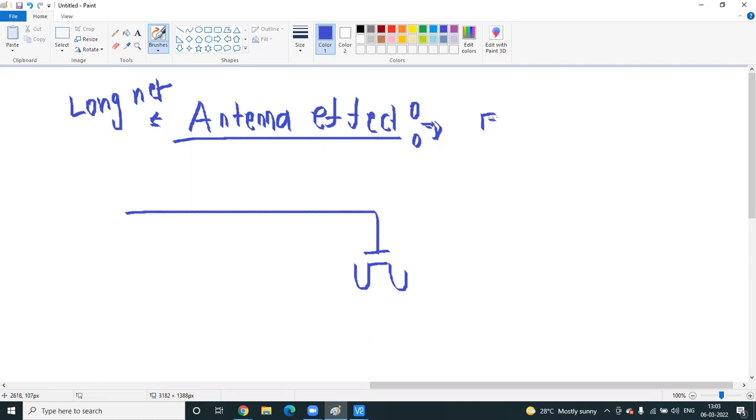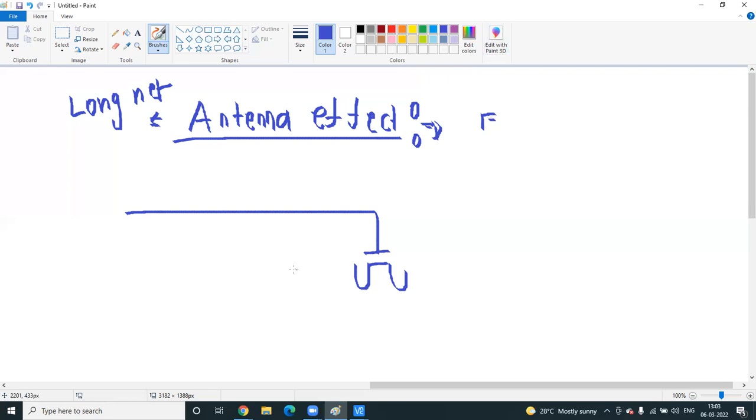It occurs during fabrication. You completed the layout, everything is done, then you go to fabrication. They manufacture layer by layer, step by step: annealing, then implant, poly, active, and then go for contact and metallization.